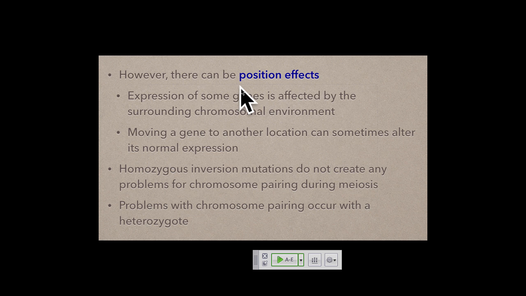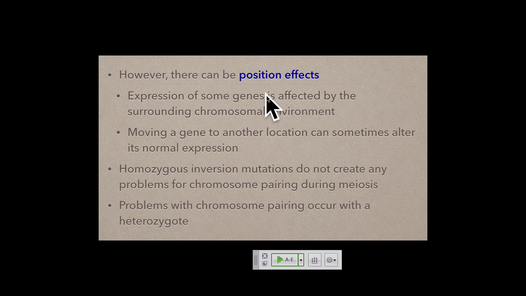In most cases, you would think that shouldn't affect gene expression. It does and it doesn't. It depends on where it happens. You can have what are so-called position effects. We'll get into this more when we get into the structure of chromatin, but there are regions of the chromosome which are in a very tight, condensed condition because there's no transcriptional activity going on.